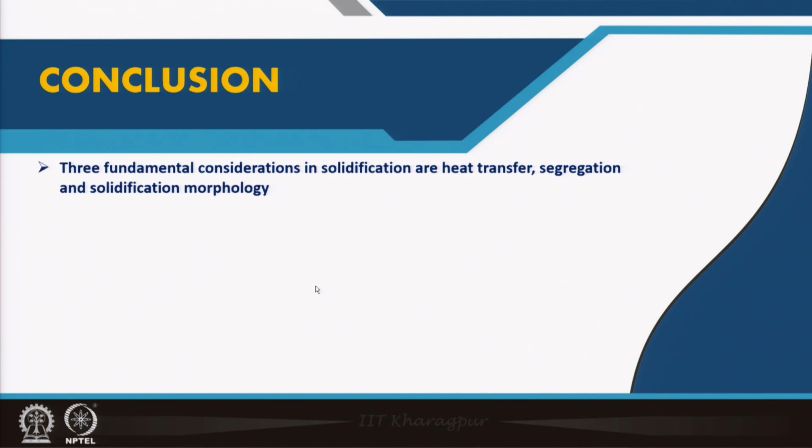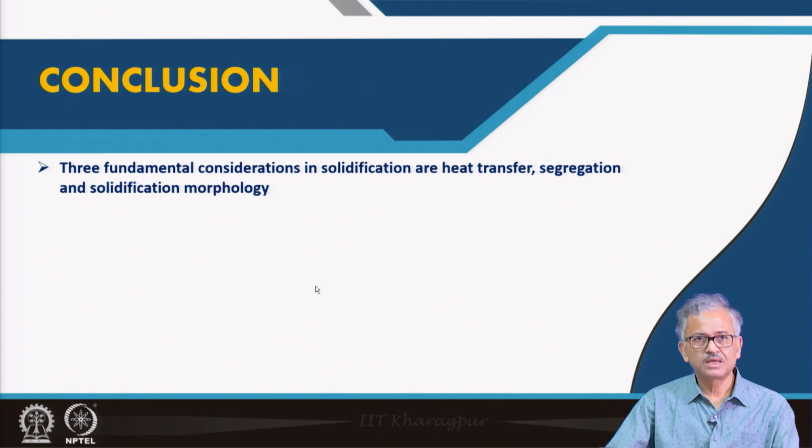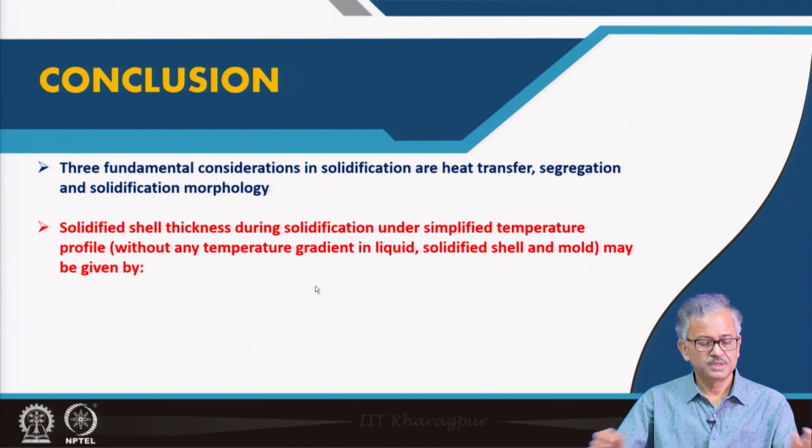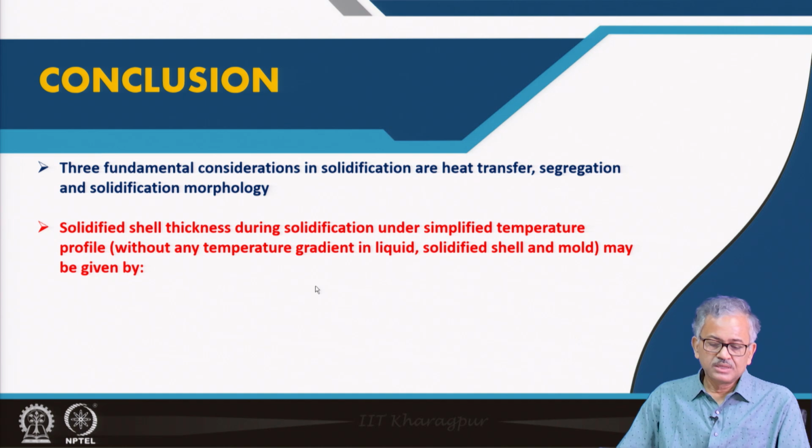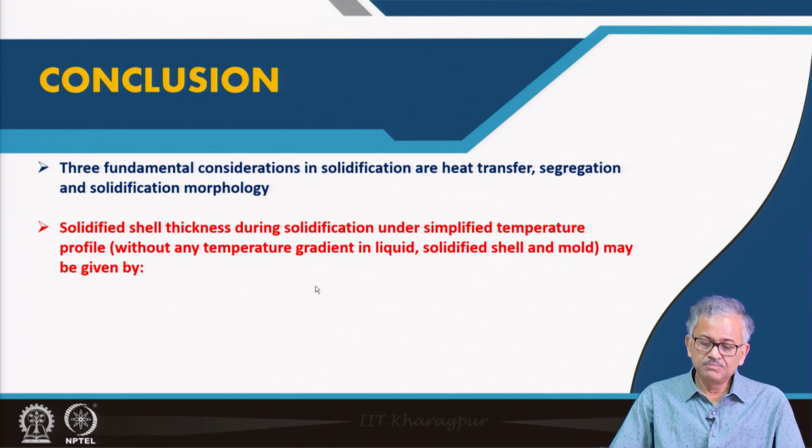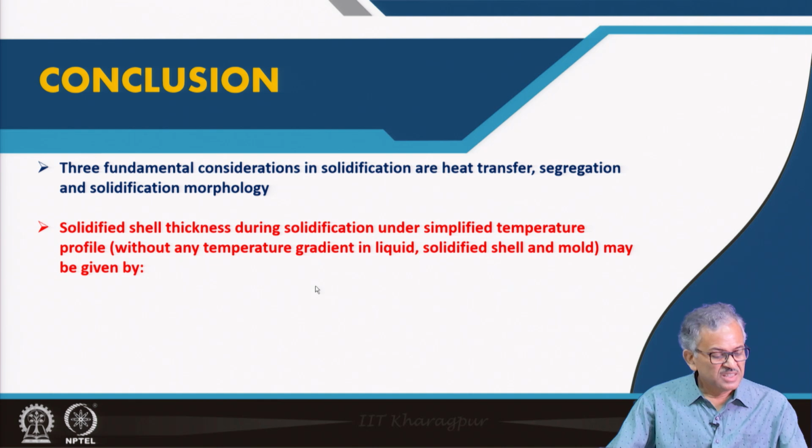Okay. Now conclusions. The three fundamental considerations in solidification, as we have discussed, are heat transfer, segregation and solidification morphology, and in this lecture I have covered only the heat transfer. The solidified shell thickness during solidification under a simplified temperature profile, that is without any temperature gradient in the liquid, solidified shell and the mold, may be given as this.